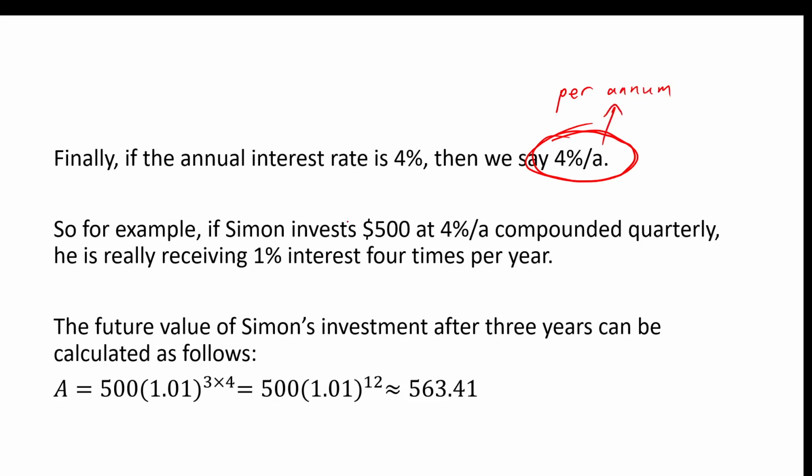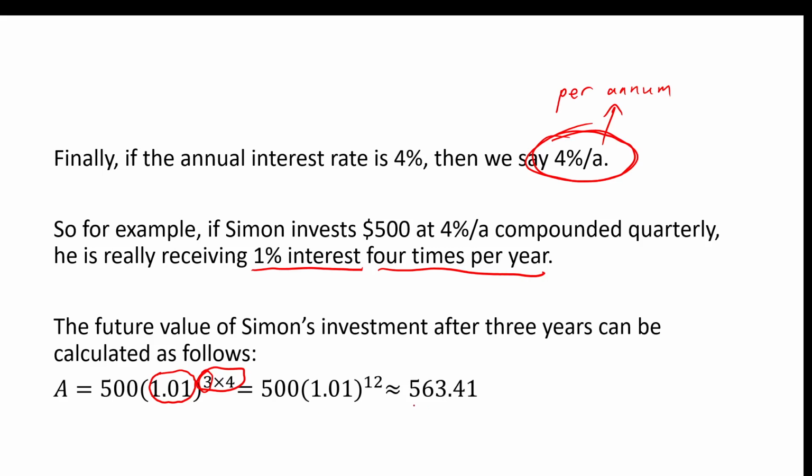So if Simon were getting 4% per annum compounded quarterly, he would really be getting 1% interest 4 times more often. Instead of saying 104% or 1.04, we'd say 101% or 1.01, but then instead of only raising it to the exponent of 3, we'd raise it to the exponent of 12.